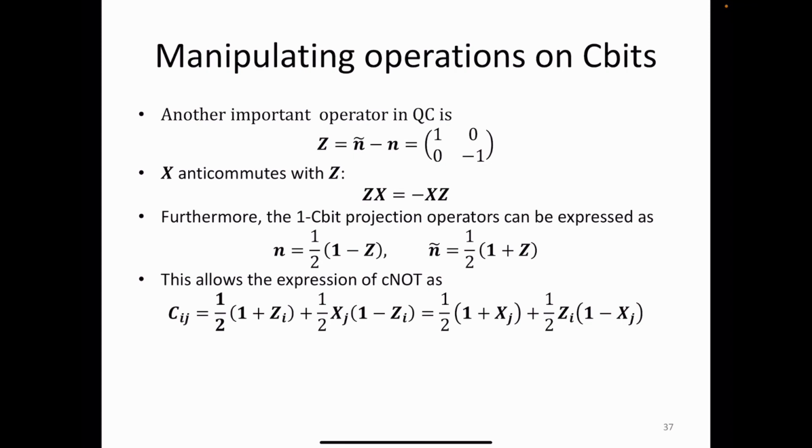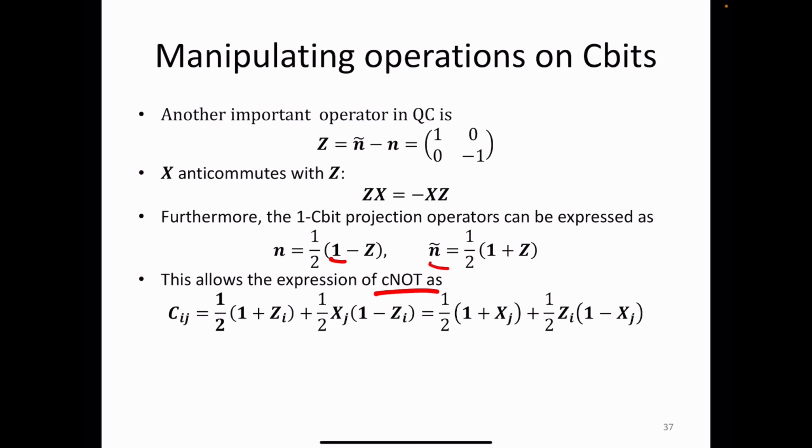Furthermore, the 1-C-bit projection operators can be expressed in terms of 1 over 2 times the identity minus Z, and the same for n tilde, which allows the expression of controlled knot in a different way, including the Z operator.